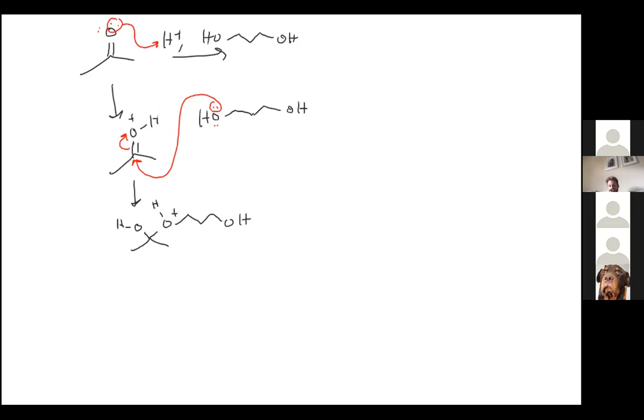I'm going to draw this the shorthand way, which is just having this alcohol directly transfer it.